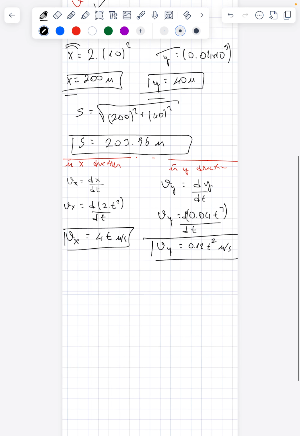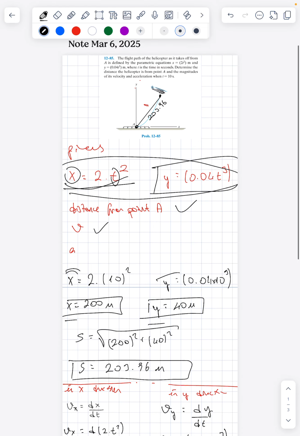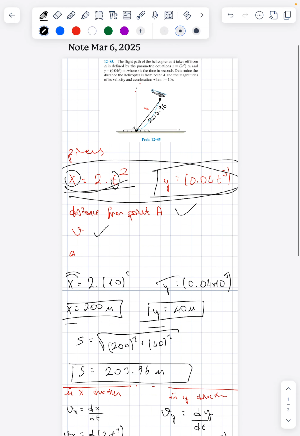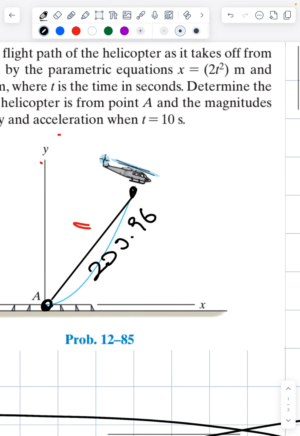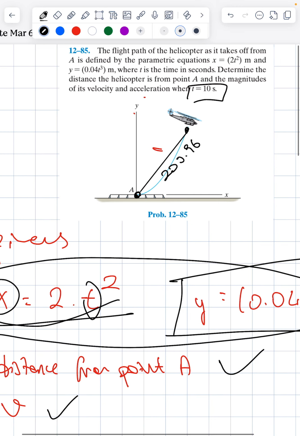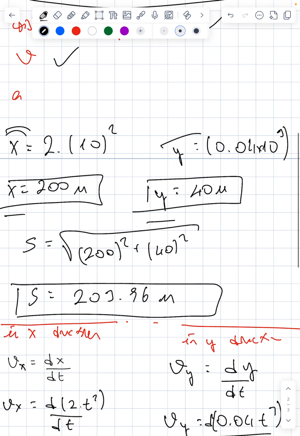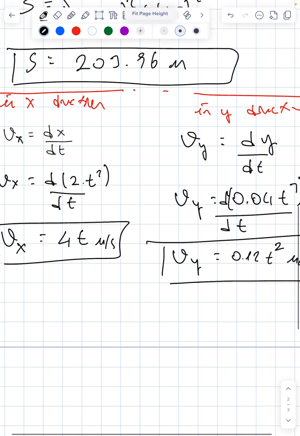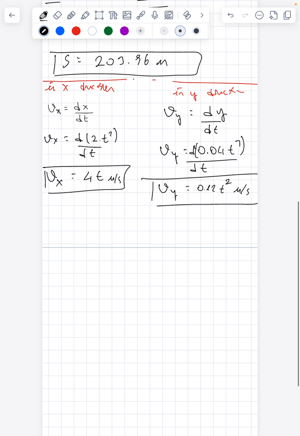And my question wants me to find at 10 seconds. If I write 10 instead of t, then I will find the vx and vy component magnitudes.